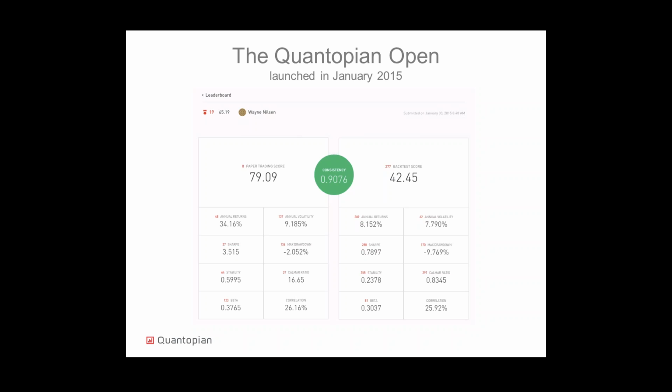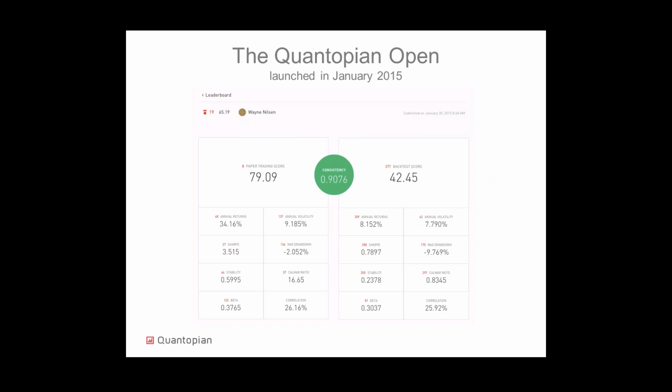We also display, but don't currently rank on, the average pairwise correlation to all of the other algorithms in the contest. So Wayne could look and say, okay, I'm about 25% correlated with the other strategies in the contest so far, but we're not actually using that score to boost or penalize his rank.